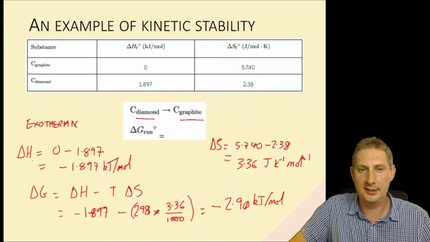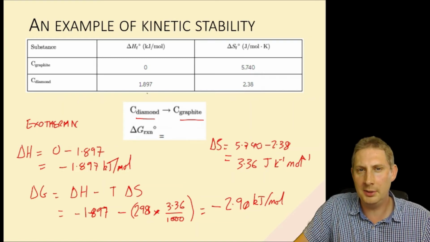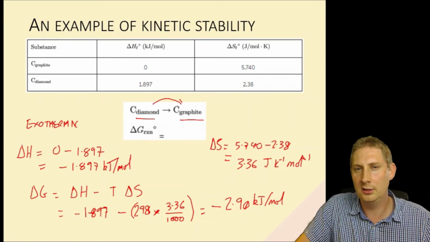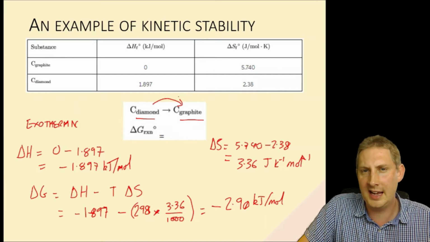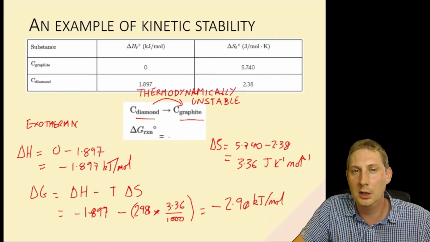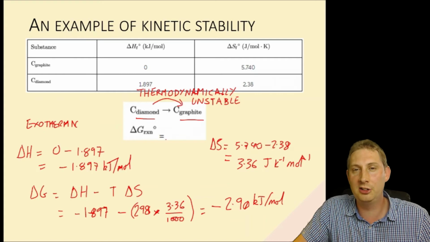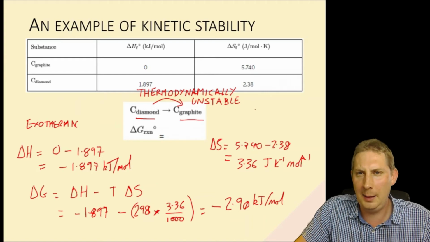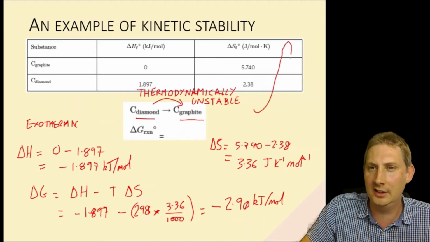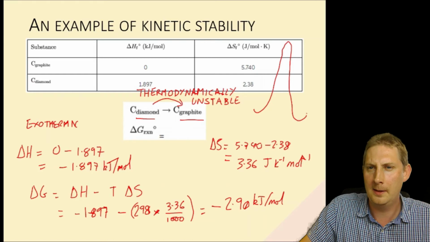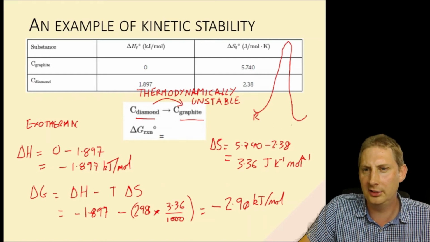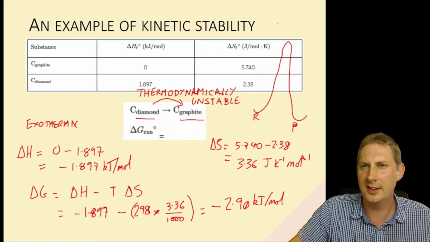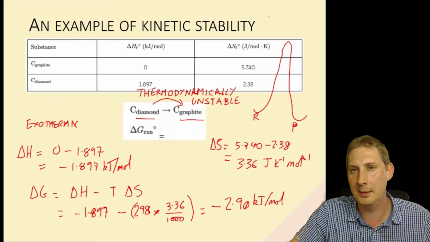In other words, diamonds are thermodynamically unstable. So diamonds want to fall apart into graphite, and they will do over millions of years. Why don't they? Well, because there's an absolutely massive barrier between reactants and products, so they are kinetically stable.